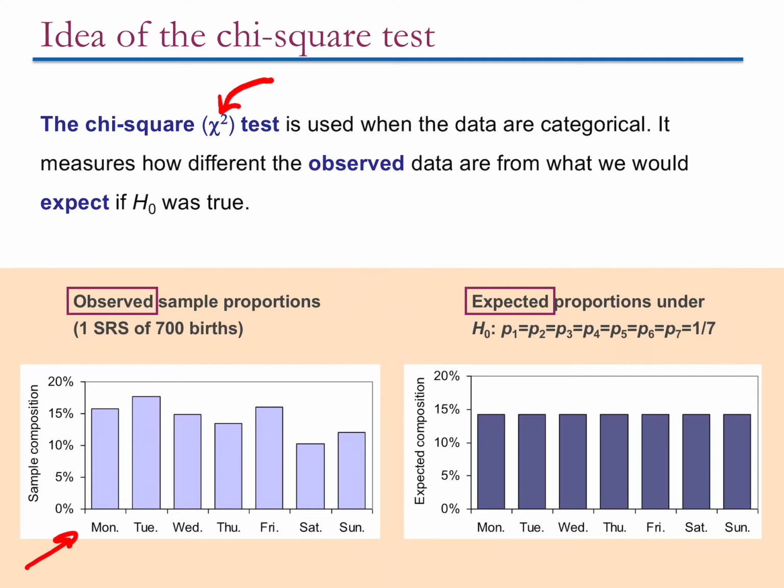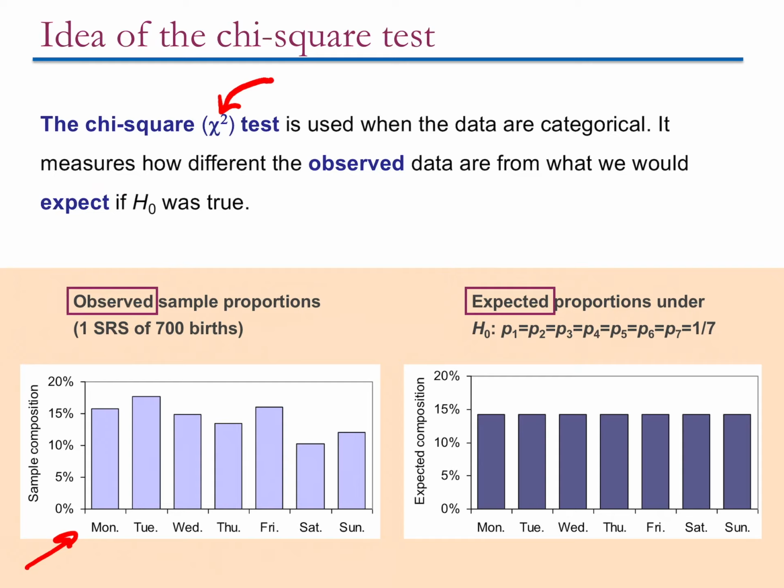This is categorical data. So what the chi-square test is going to do is measure how different the observed data are from what we expect if the null hypothesis is true. So take a look at this data set here, for example, the bottom right figure.